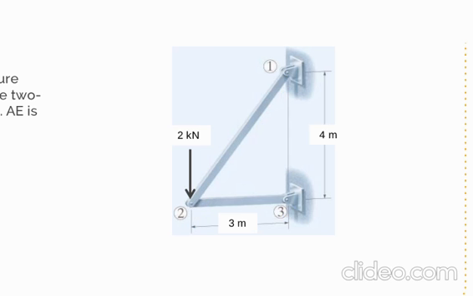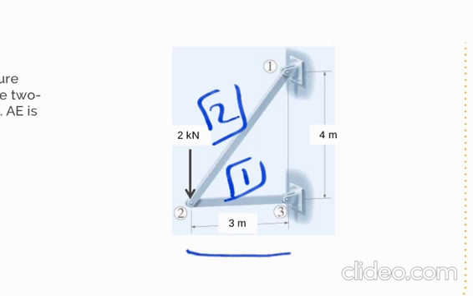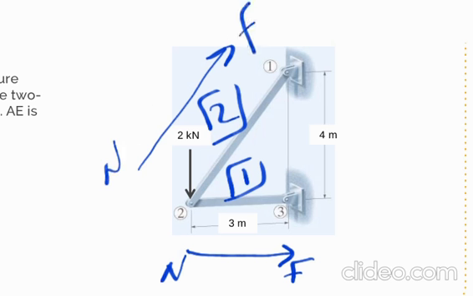The second point is to identify each joint and member numerically. So this is member number 1 and this is member number 2, and I also put directions, like here from joint number 2 to joint number 3. This is the near point and this is the far point, and also from 2 to 1, this is the near point and this is the far point or node.